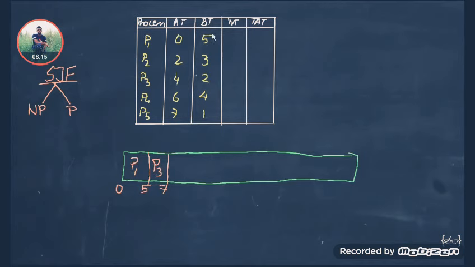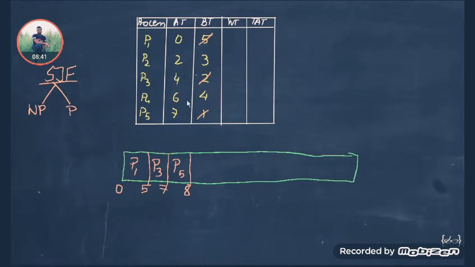P1 has completed, P3 has completed, so we don't need to worry about these anymore. Only P2, P4, and P5 are left. Which is the shortest job among P2, P4, and P5? It's P5, obviously. So we execute P5, and 7 plus 1 is 8. So P5 is done.